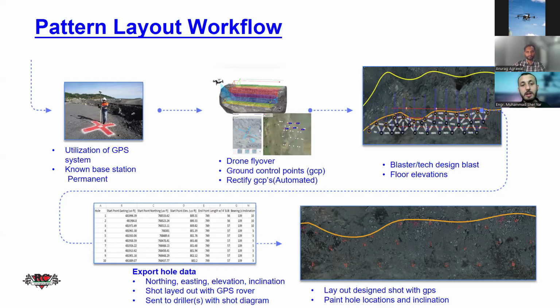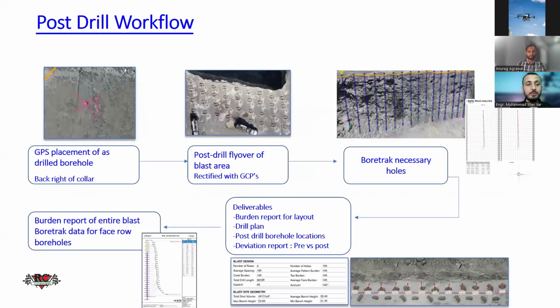And when the drilling is done, you just need to put a marker on the drills, and this will help you make sure that each drill is properly located at the specific location that was designed.